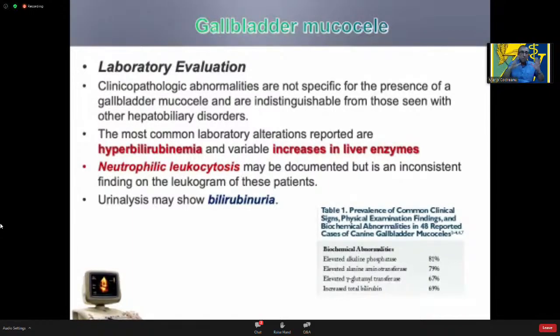The most common laboratory changes are hyperbilirubinemia and sometimes increased transaminase activity. In some cases, we can see a neutrophilic leukocytosis, but this is inconsistently registered in our patients. In urine analysis, some cases can present bilirubinuria.